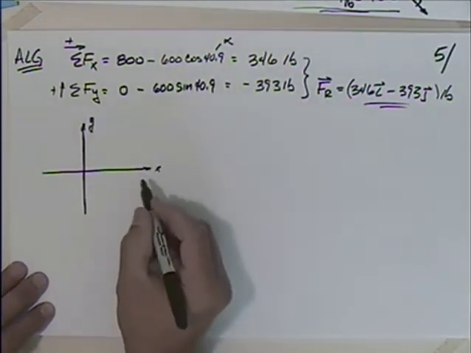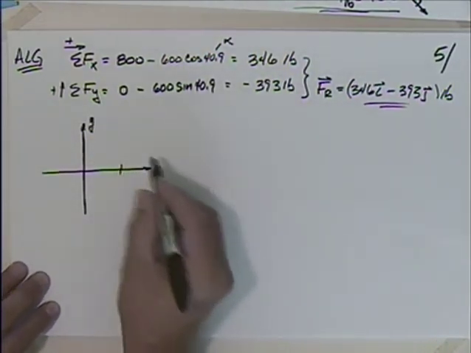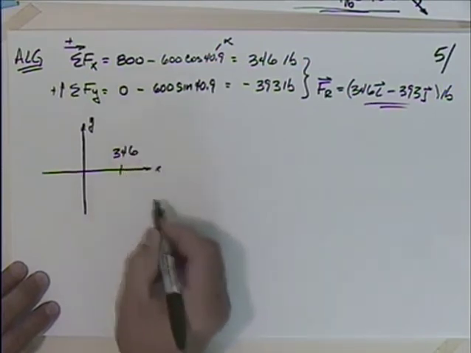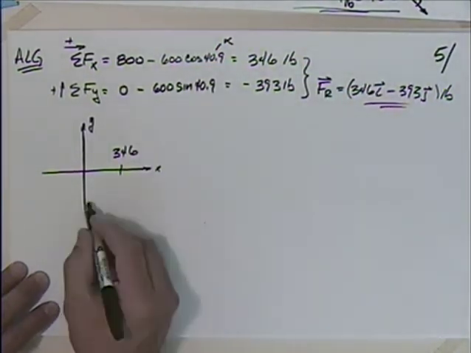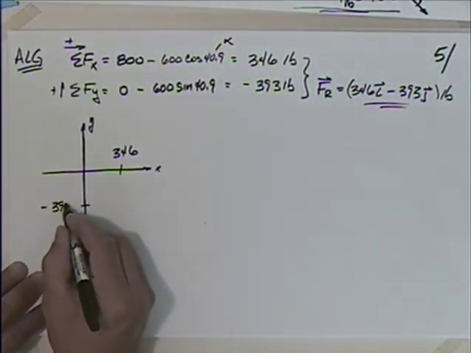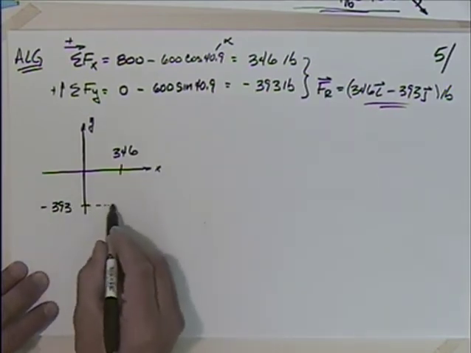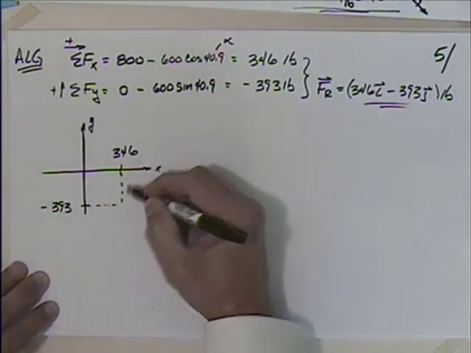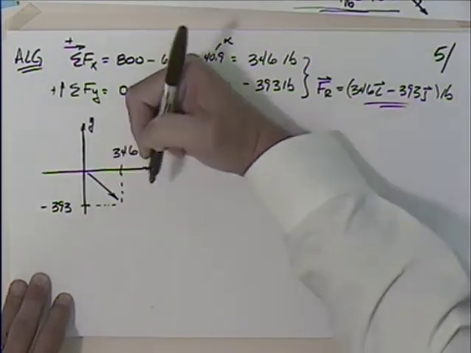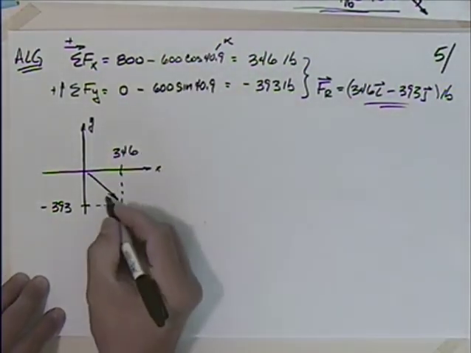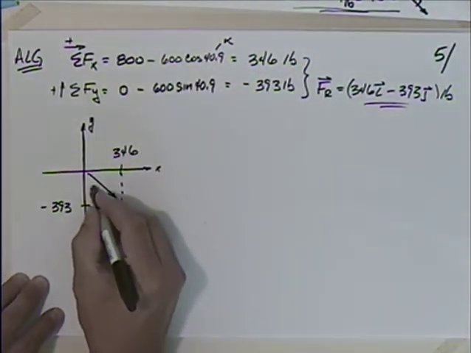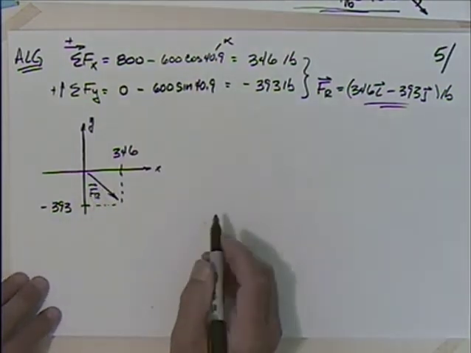We said we went out 346 in the x, so there is 346. We went minus 393, so there's minus 393 in the y. And we have something like that, where the resultant is sitting in there like that.